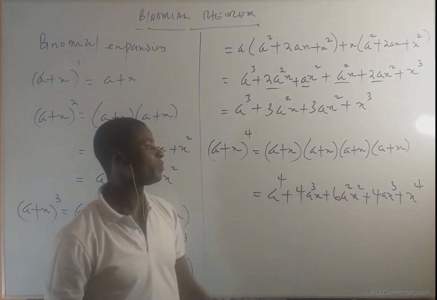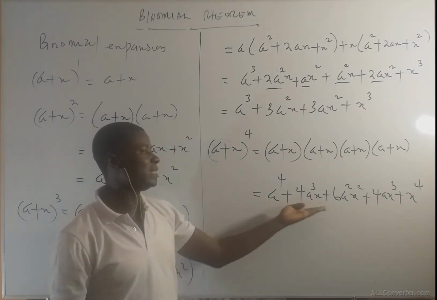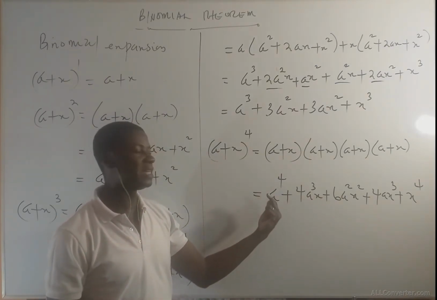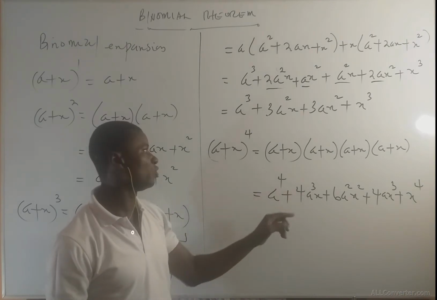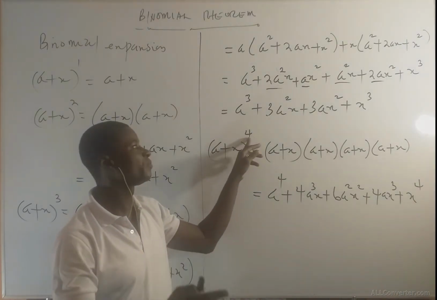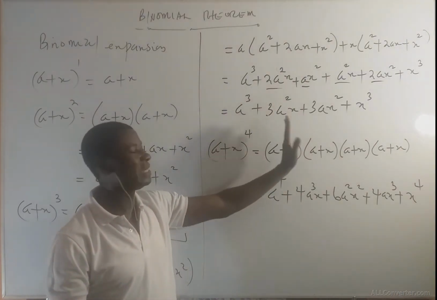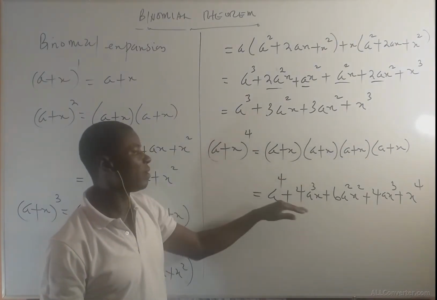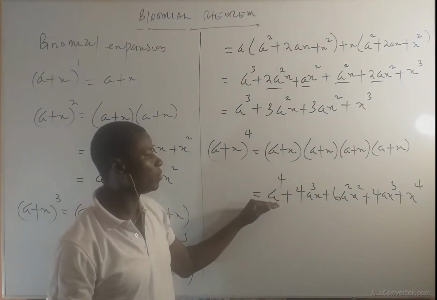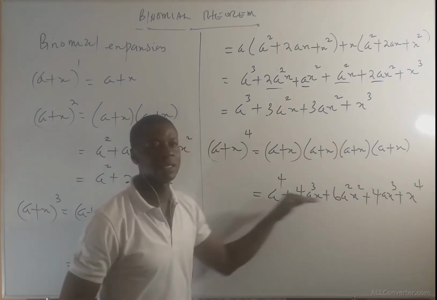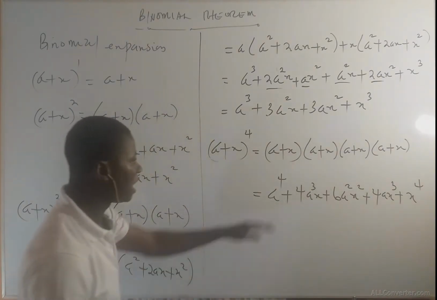This is what you are getting. And I'm able to write this because I have the coefficients at the back of my mind. That's what I'm going to teach you, because when the exponent gets larger, this binomial expansion becomes very tedious. Therefore, I'm going to explain how I was able to come by this answer.